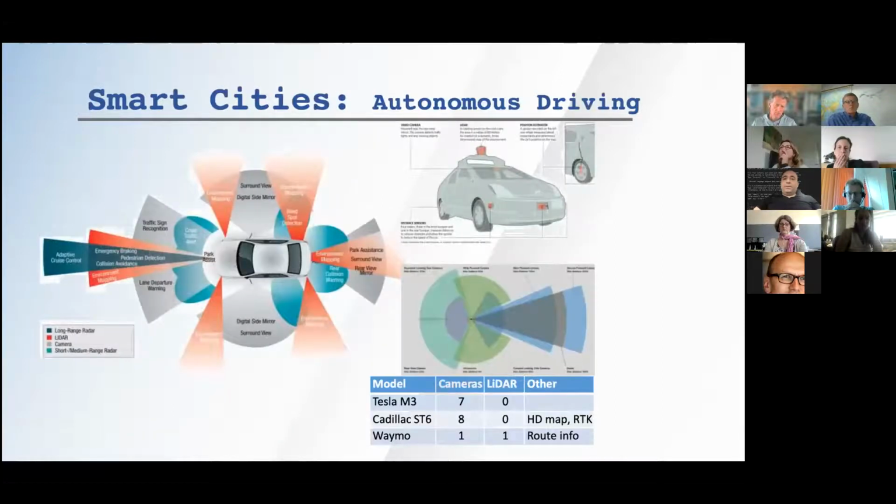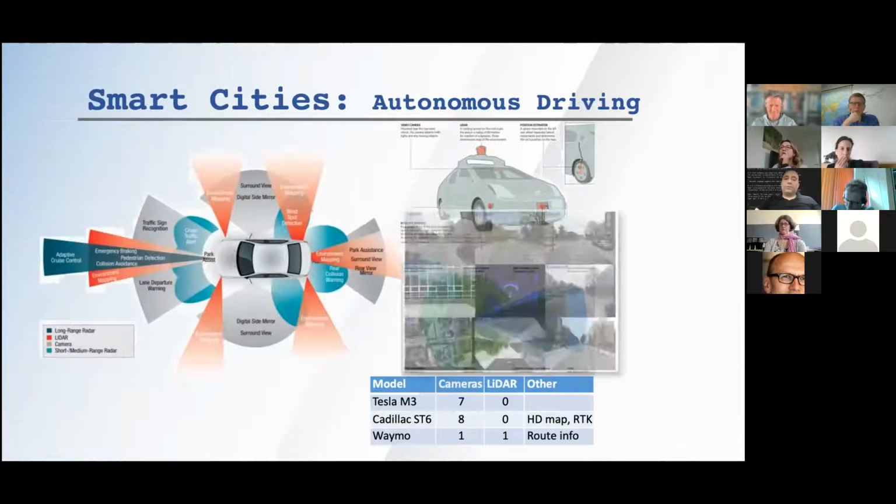Self-driving cars, as I mentioned, use many of such sensors together, and it's an example of again putting these three key things together: integrating the sensors, communicating with them, and processing the data. So artificial intelligence plays an important role to make it possible.